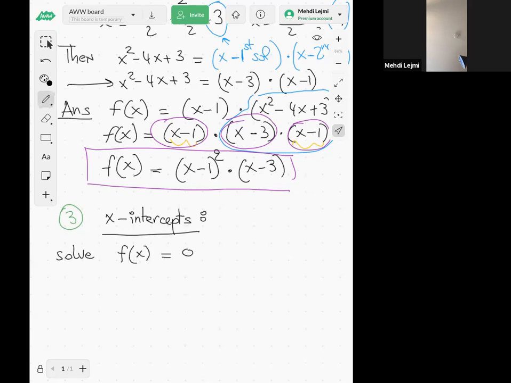But because f of x is a product, x minus 1 times x minus 3 times x minus 1, it's a product which is equal to 0.